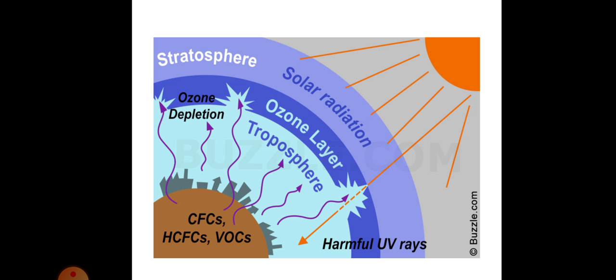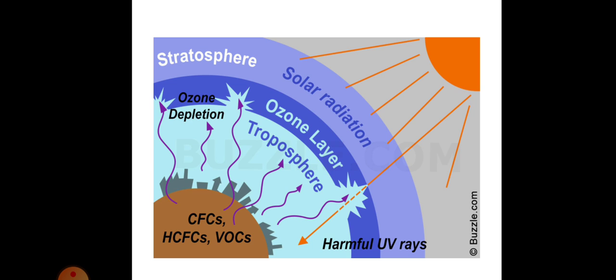As you see, we know that the ozone layer actually refers to a region of the Earth's stratosphere. We know that the atmosphere is divided into various layers, the troposphere, the stratosphere, etc. So the ozone layer refers to a region of the Earth's stratosphere that absorbs most of the sun's ultraviolet radiation, and it also contains a very high concentration of ozone relative to other parts of the atmosphere.